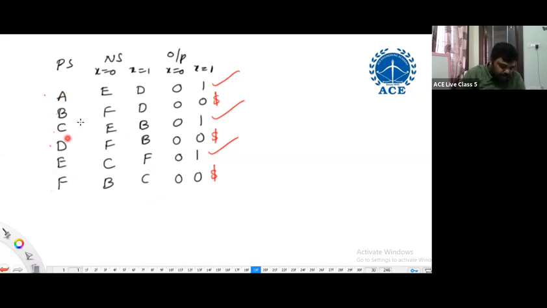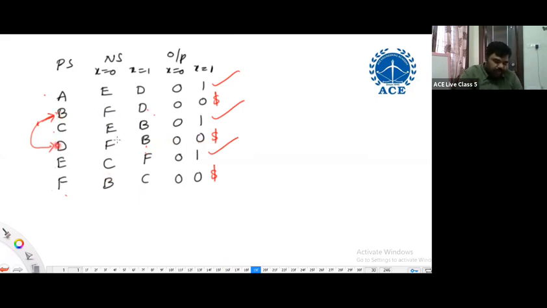Now observing B, D, F, the outputs are the same, and the next states are F, D, F, B, F, D, F, B with the same outputs. The difference is D and B, which are the same as the present state. That means these two can be merged. Anyone has any doubts? These two can be merged.